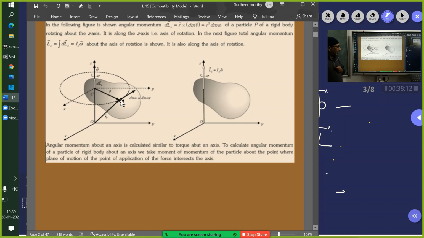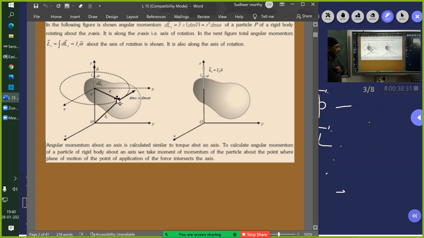Now, what you have to understand is this r bar, and you can see here dmv. What is this? dm is the incremental mass and v is the velocity. So dmv becomes the incremental linear momentum.